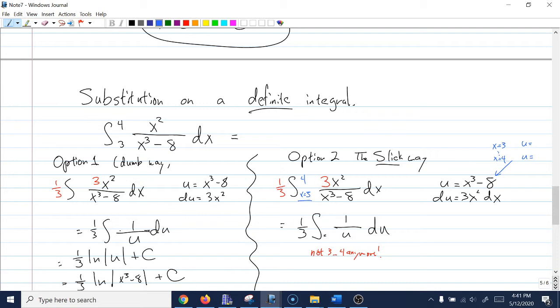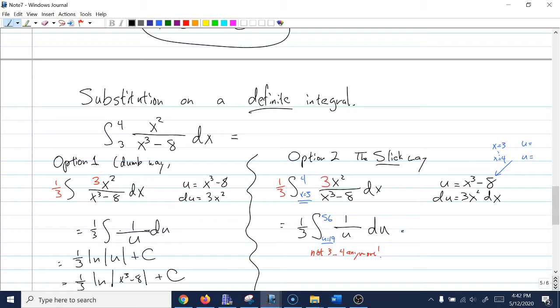The bottom one was 3, so now the bottom u value is 19. The top x value was 4, so the top u value is, what's 4 cubed minus 8? That's 64 minus 8, that's 56. I like writing x equals here and u equals here to remind myself that I have made the translation.